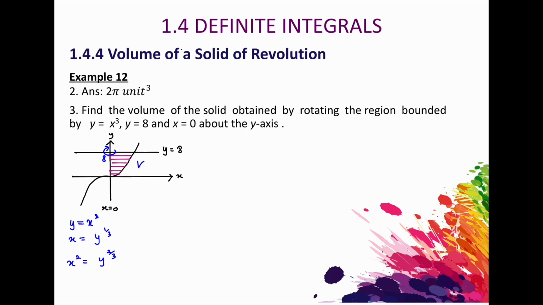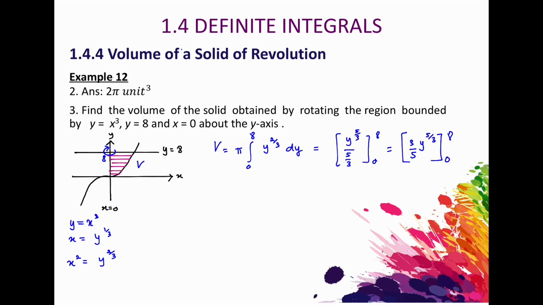So V is equal to pi times the integration from 0 to 8 of y to the power of 2 over 3 dy, and then integrating that, we get y to the power of 5 over 3 over 5 over 3 from 0 to 8, which is 3 over 5 y to the power of 5 over 3.